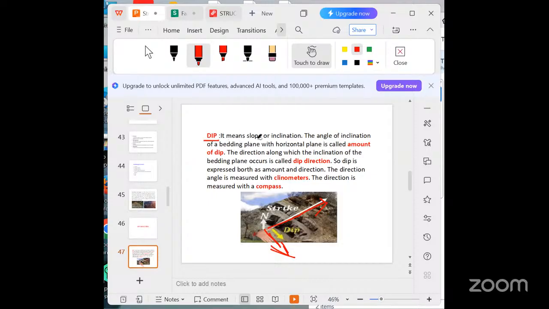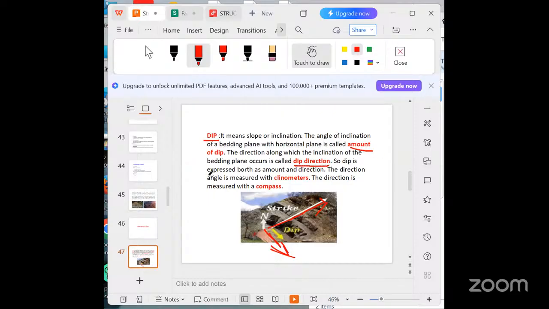Dip means slope or inclination. The angle of inclination of a bedding plane with the horizontal plane is called the dip amount, or amount of dip, right? The direction along which the inclination of the bedding plane occurs is called dip direction.